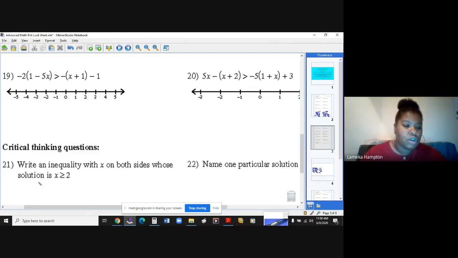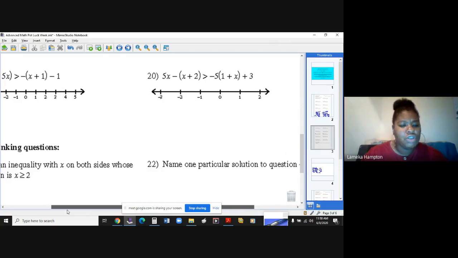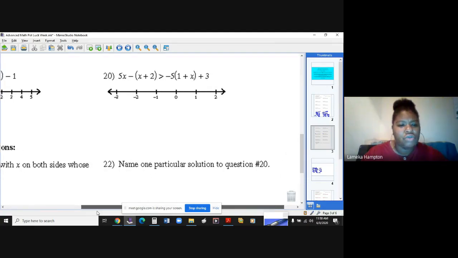Okay, so just want you to think about that. If we do not have time to work on this particular part today, this will be the first thing we hit on tomorrow. Okay. And then number 22 says, name one particular solution to number 20. Now, I like number 20.